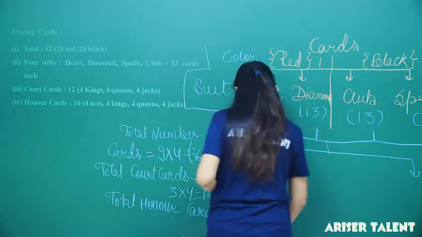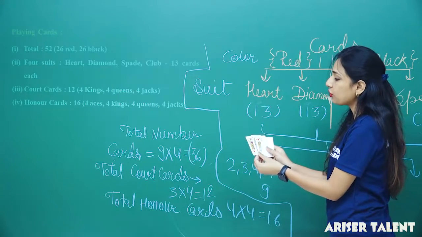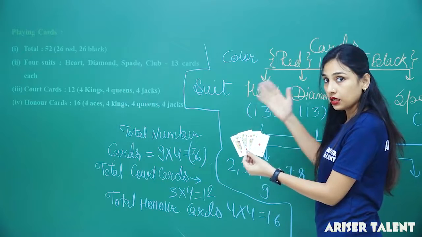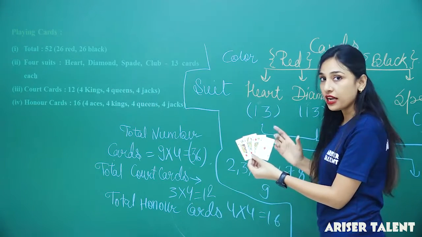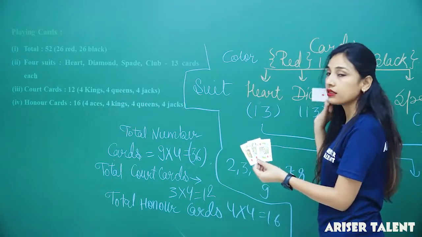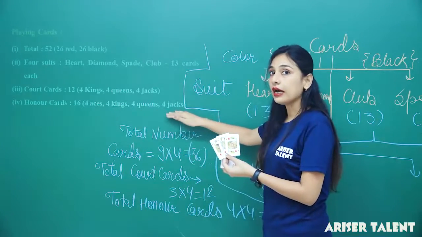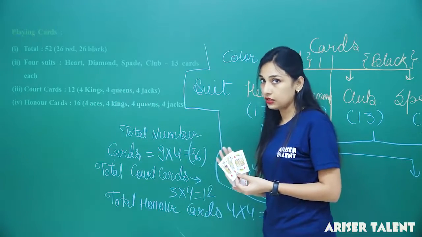Now court card and honor card. Students, if I am talking about these 4, including the aces, I'll have ace, king, queen and jack. If I remove the ace, this honor card category converts into the court card category. Understood?